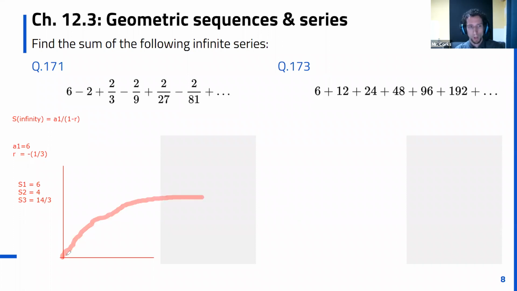With a negative R value, we start at 1 point, which could be positive or negative, and the next value would go down and then up and then down and then up, getting closer and closer, jumping up and down.